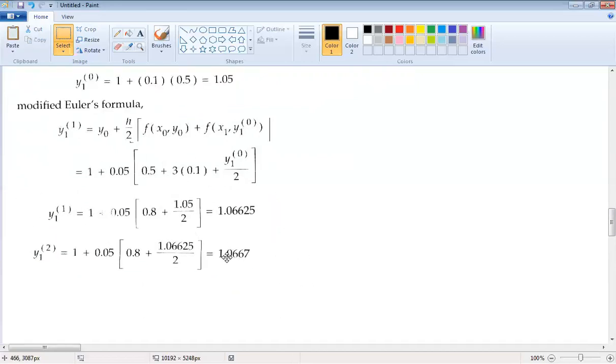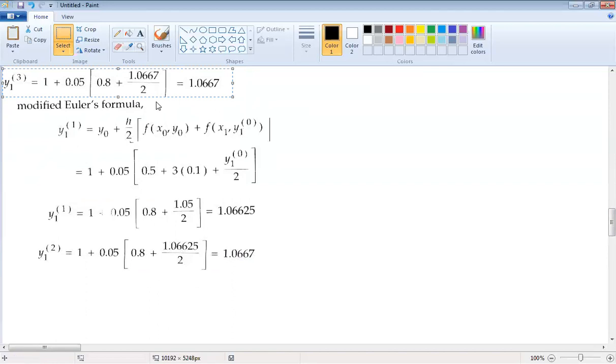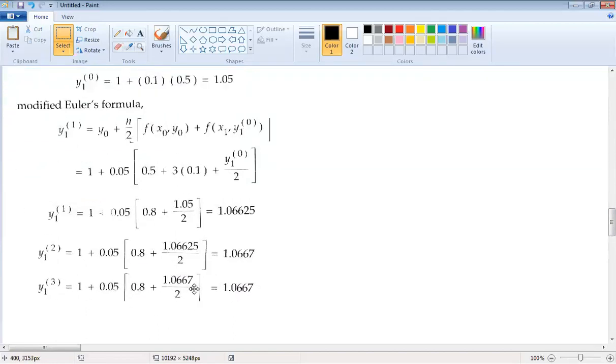You can see here y1(2), the entire formula is the same: 1 plus 0.05 times (0.8 plus this value 1.06625, which we have got from the previous step) divided by 2. Okay, so in the next iteration, if we want to calculate, you just need to replace this numerator by 1.0667. So if we apply the third iteration, the result we get is y1(3) is equal to 1.0667.